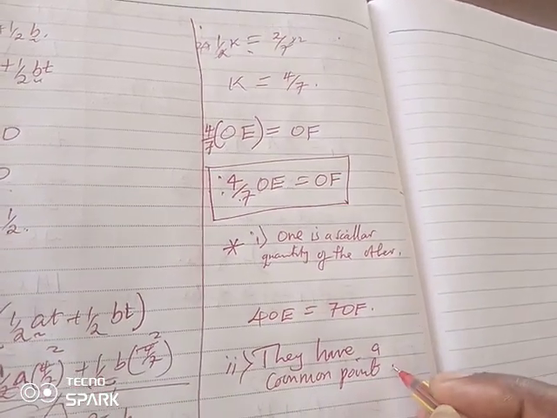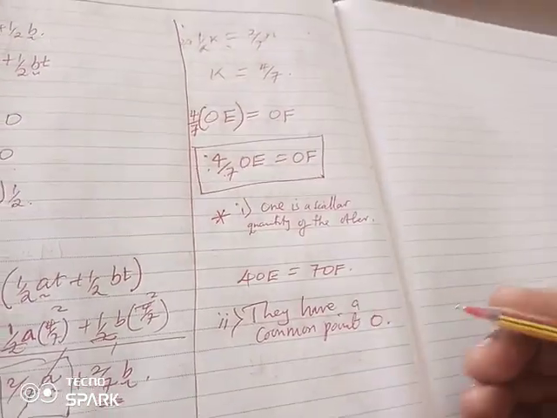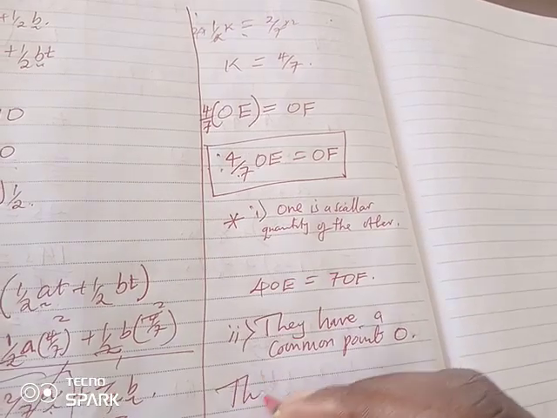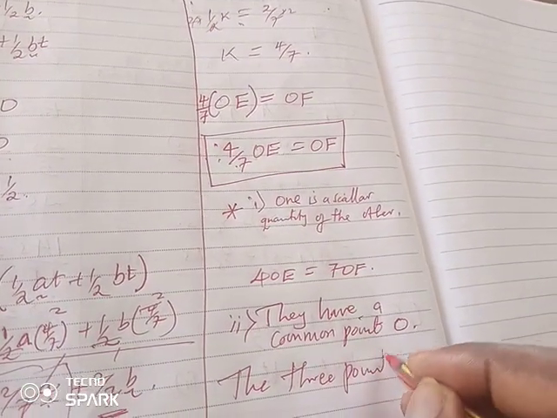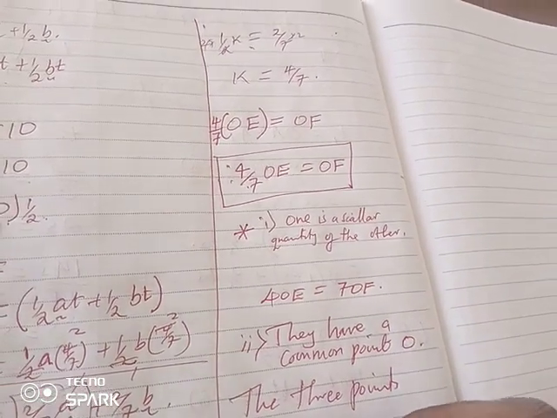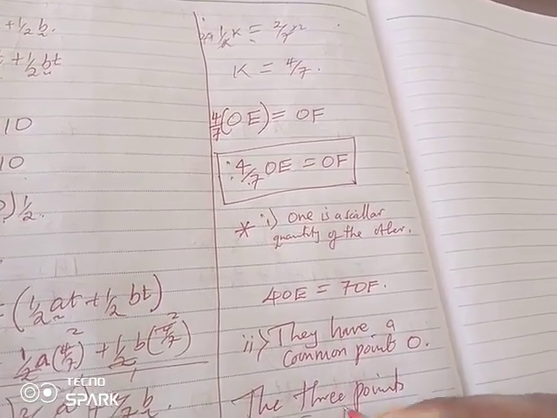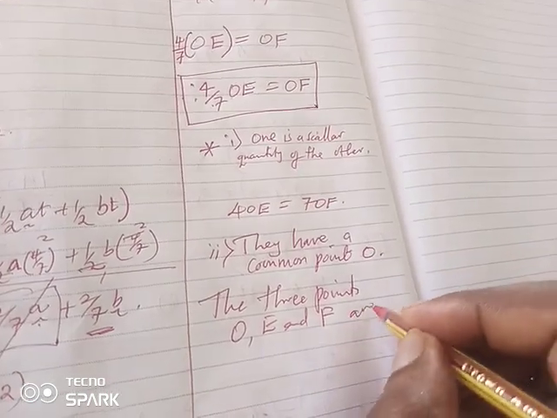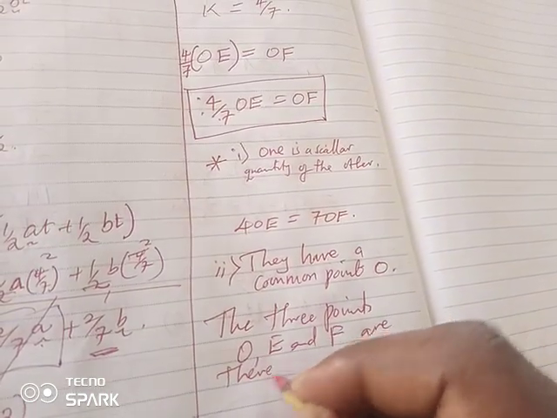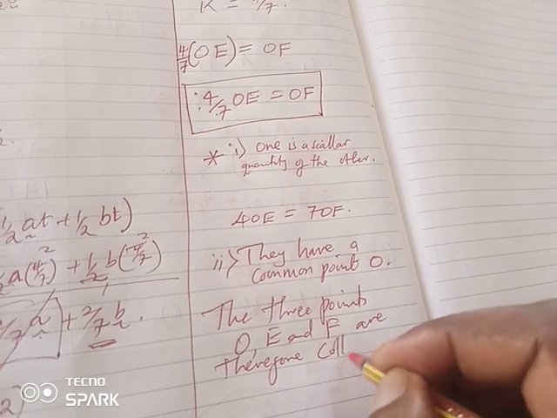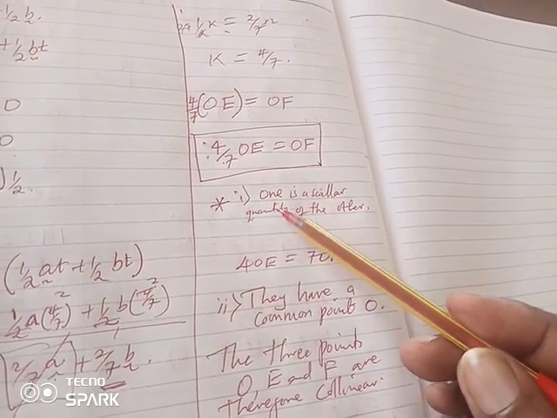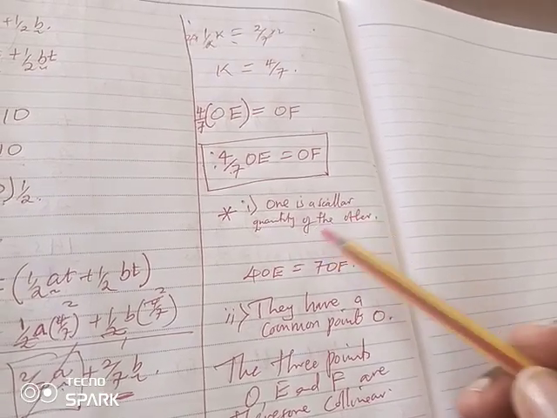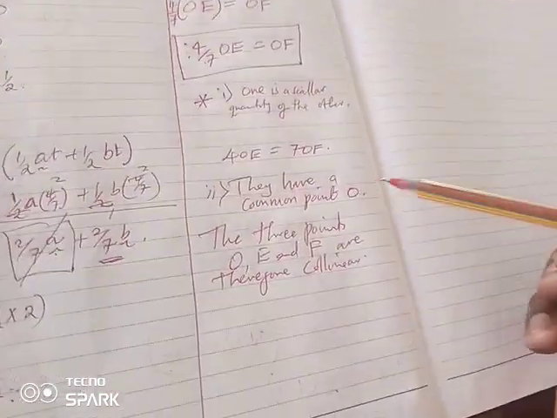So point O. So the 3 points O, E, and F are therefore collinear because they satisfy the two rules: one must be a scalar of the other, and they must share a common point.